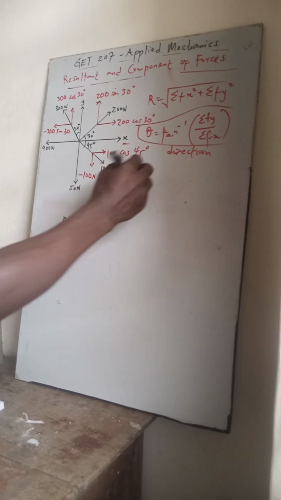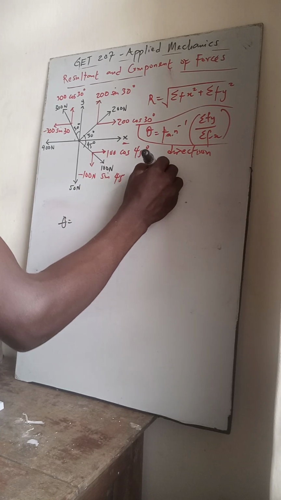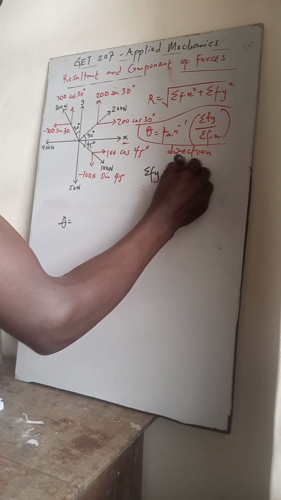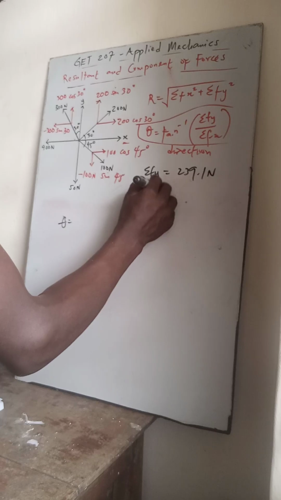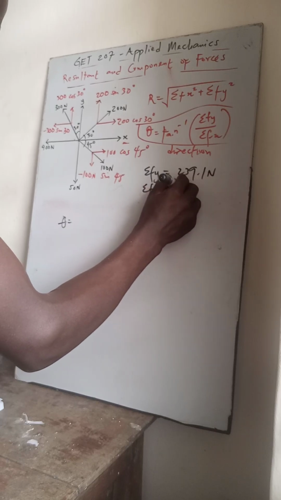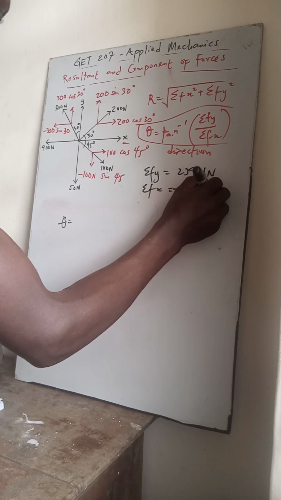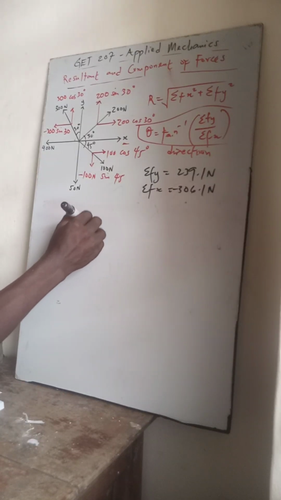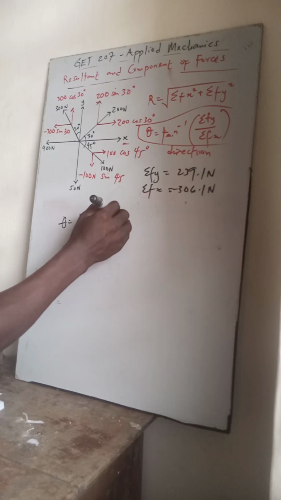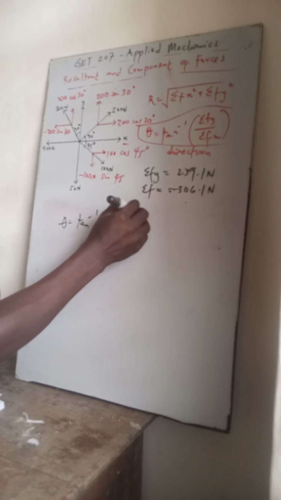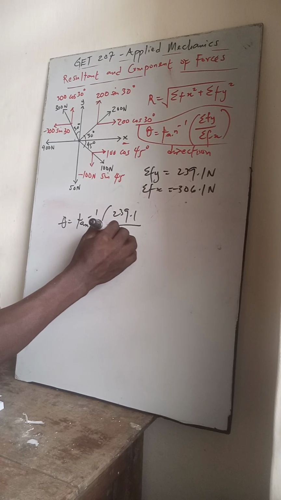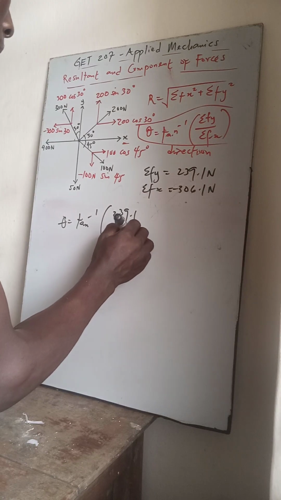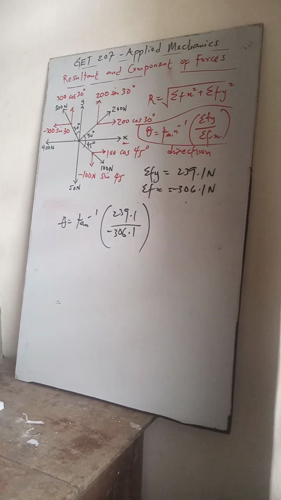So the direction, since we have gotten our Fy as 239.1 Newton, and our Fx as minus 306.1 Newton, we are now applying tan inverse of 239.1 over minus 306.1.